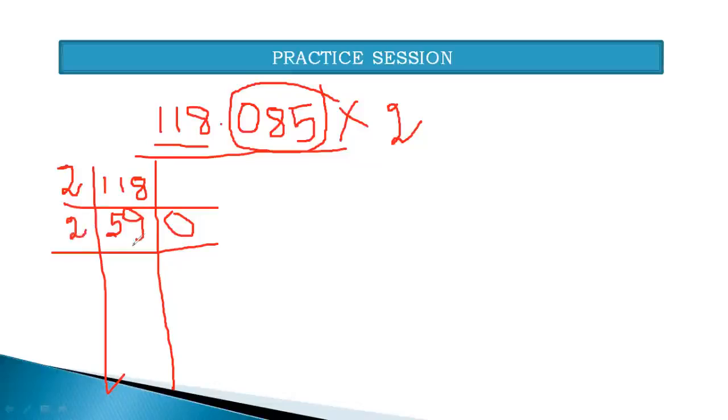Divide 59 again, 2 twos are 4, 2 nines are 18, and the remainder will be 1.